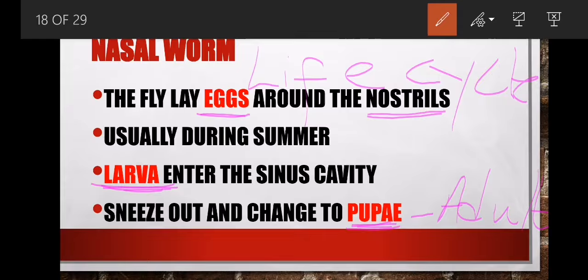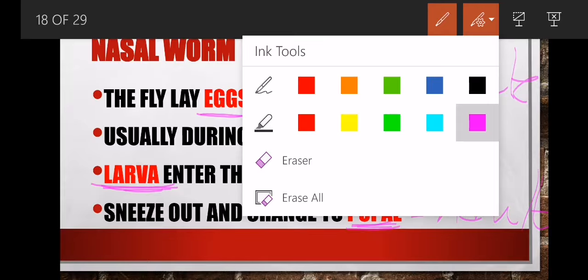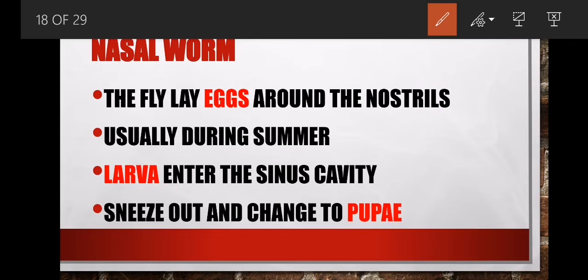From this, I was trying to highlight the stages of a nasal worm. What happens, people, is that the adult worm will lay eggs where? On the nostrils. Then the eggs will hatch to form what? A larva.